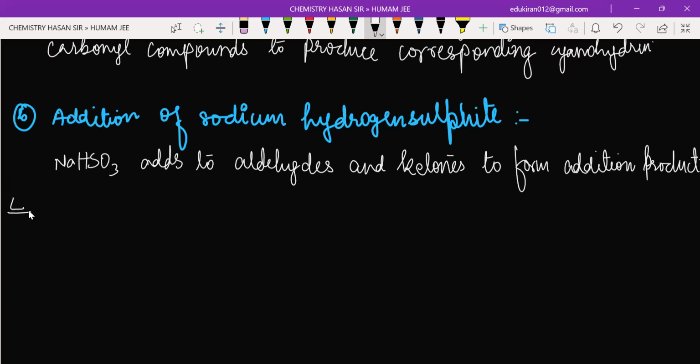The most important point I'm going to write is about the position of equilibrium, because it is a reversible reaction.